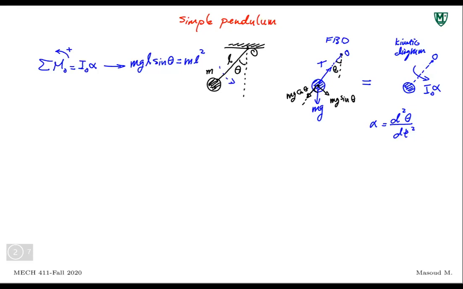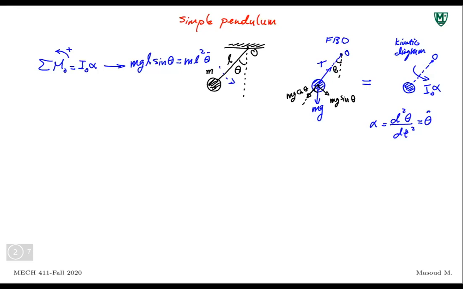It's just acceleration. And I'm going to represent the derivative with respect to time in this course with a dot. So that would be theta double dot, because it's the second derivative. If it was the first derivative, angular velocity, it would have been just theta dot. So I'll put it here: theta double dot.